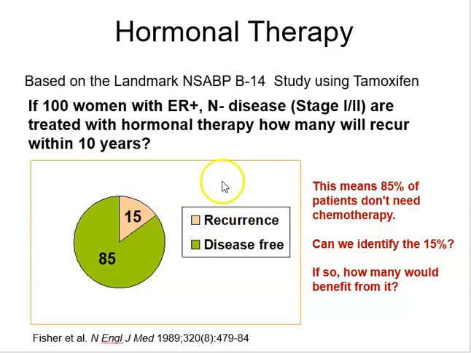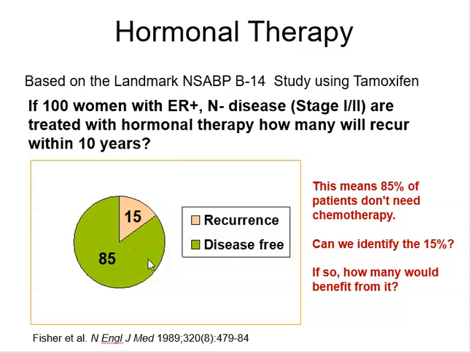So, we're in the situation where we are studying one specific cohort of these breast cancer patients, women which are estrogen receptor positive, lymph node negative, with stage 1 or 2 disease. Now that's quite a good proportion of the breast cancer patients at diagnosis, but it is starting to really stratify these patients.